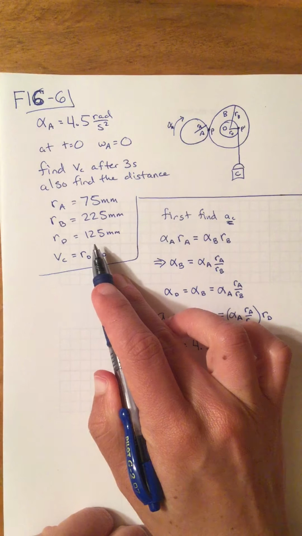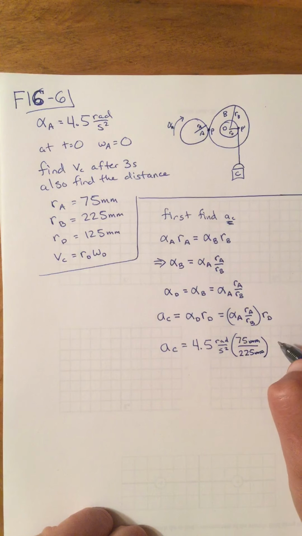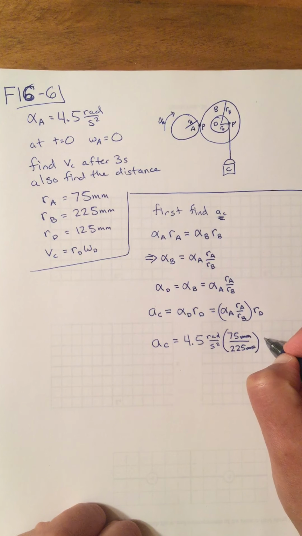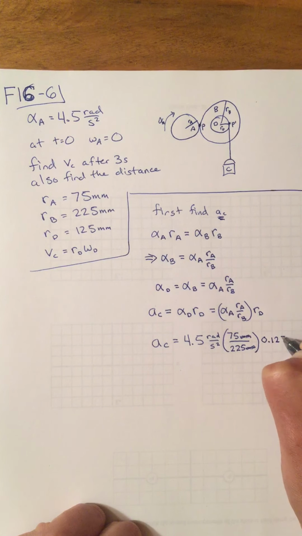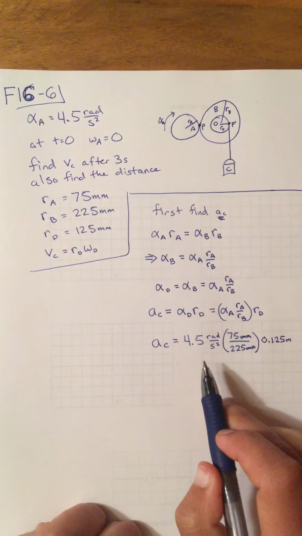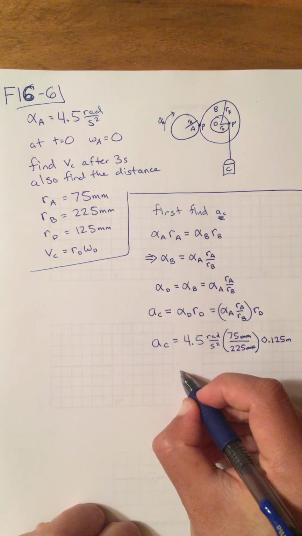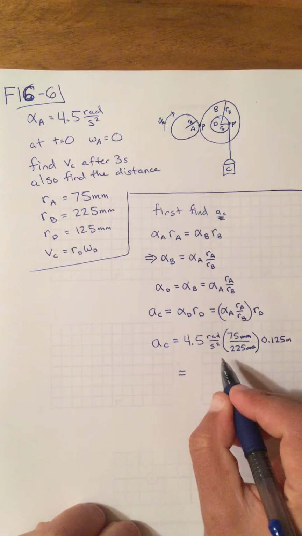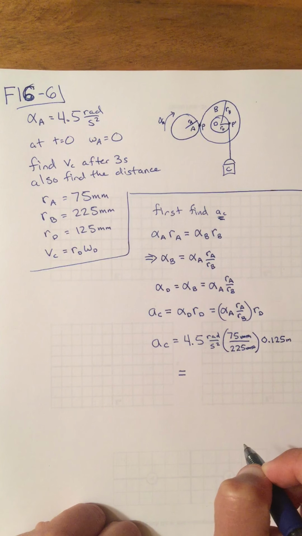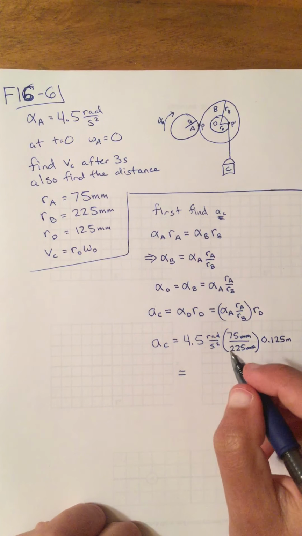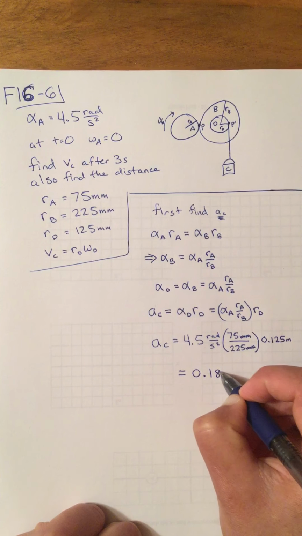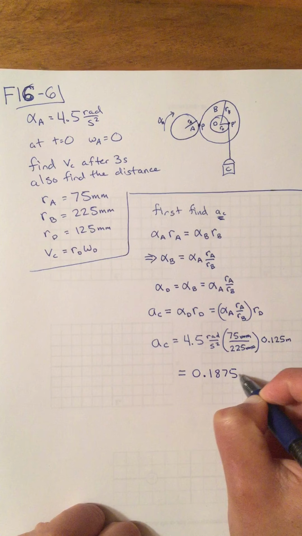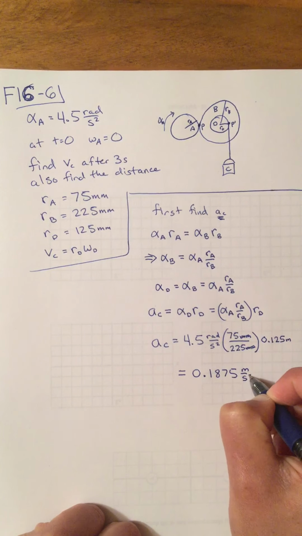RD is 125 millimeters, but let's convert that to meters and call it 0.125 meters. And if I don't want the units of radians, I can just cross them out. So this will give me the acceleration in meters per second squared. This is 0.1875 meters per second squared.